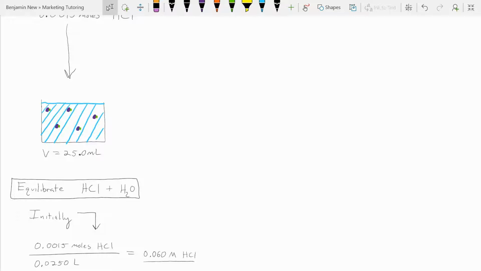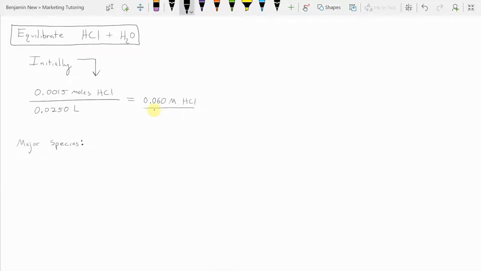And so from the diagram above, the blue hash marks just represent lots and lots of water molecules. I know I'm not drawing them, but they're water molecules. So one of the major chemical species is water. And it's approximately, I'm not going to derive this, 56 molar. That comes from the density of water.